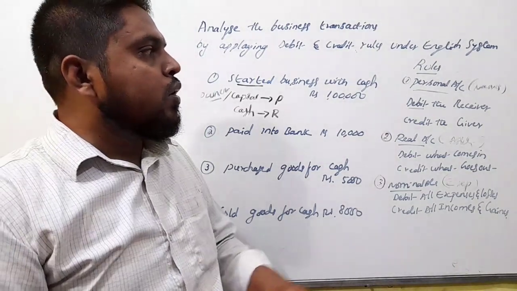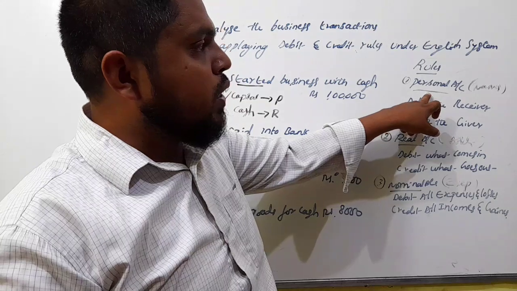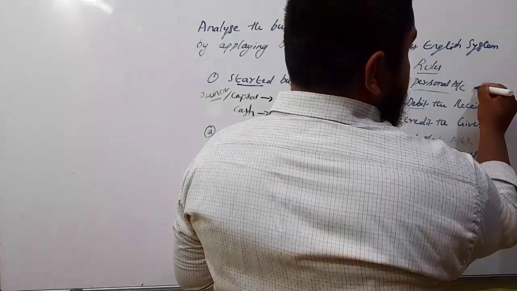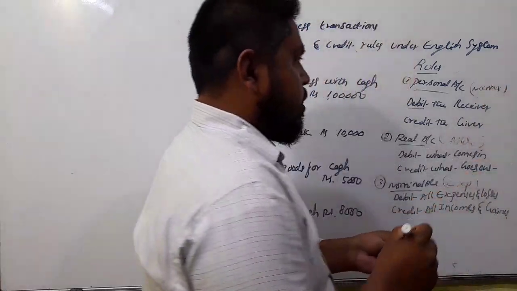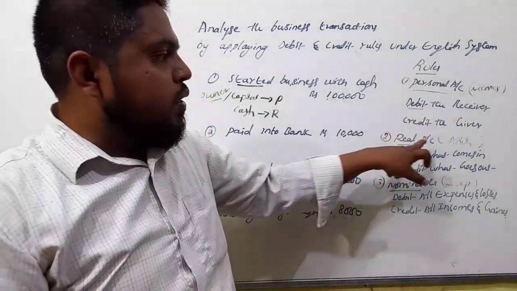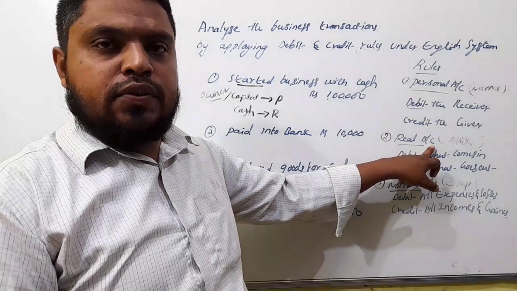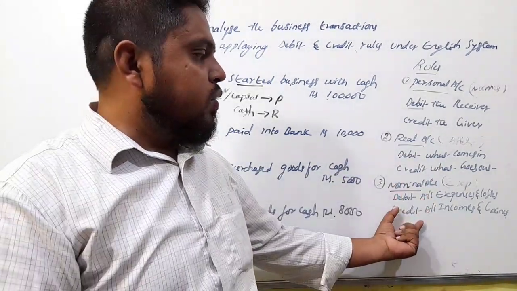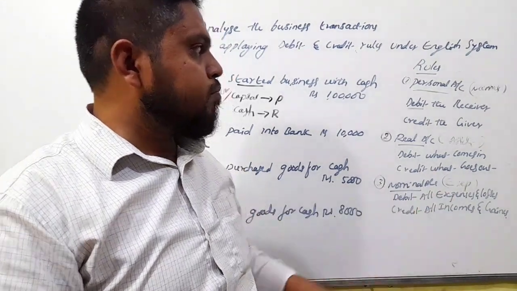Now come to the rules here. Personal accounts are related to the names. Real accounts are related to the assets, tangible assets, intangible assets, current assets, fixed assets. Nominal accounts are related to the expenses and losses, incomes and gains.